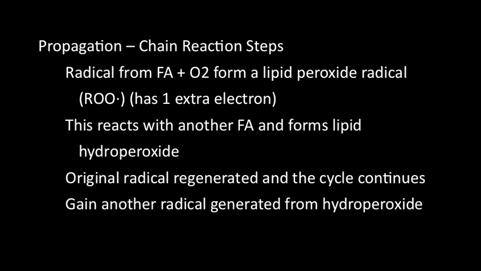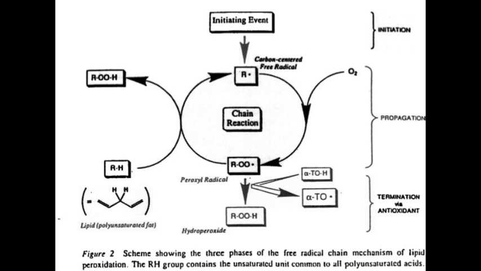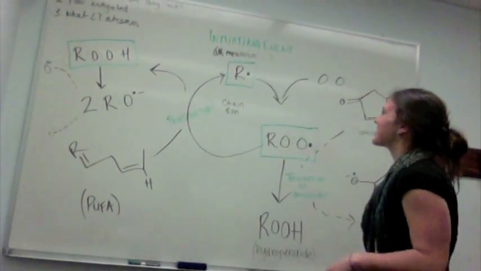It reacts with another fatty acid to form a lipid hydroperoxide, and then the original radical is regenerated with the propagation of an additional radical. Okay, these are steps of lipid peroxidation.